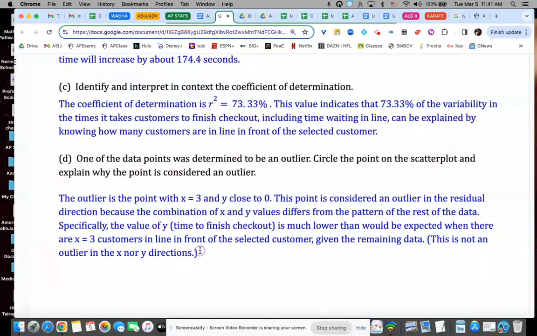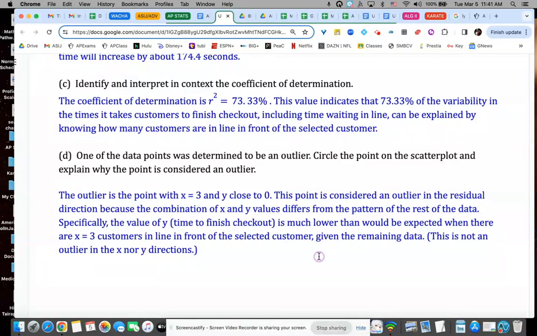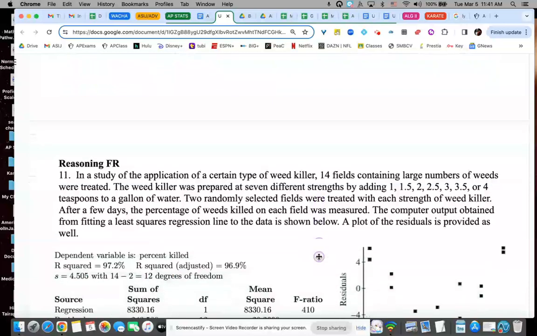So that's what we're saying here. So the outlier at x equals 3, close to 0 in the y direction, would be the one considered an outlier in the residual direction. All right. It's lower than all the other data points relative to the linear regression model. So that's why it's considered an outlier.